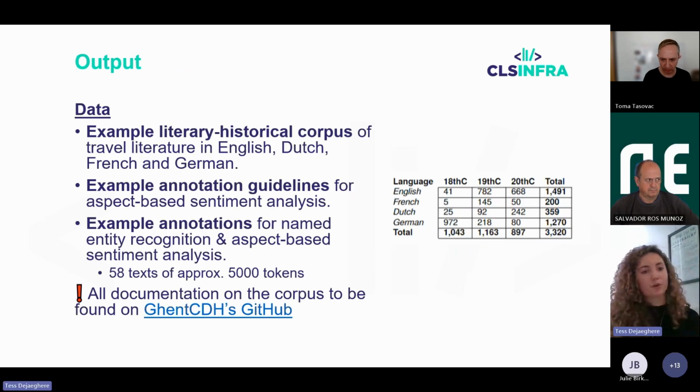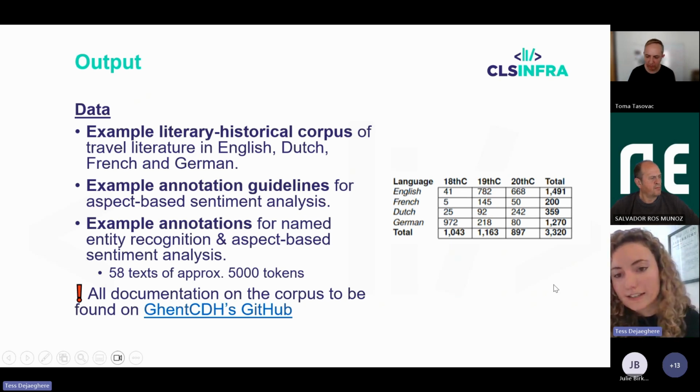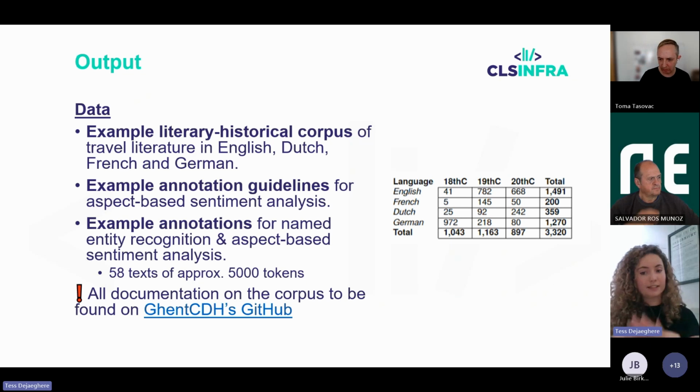Okay, a little bit more about the data sets that we used as a kind of use case to make these notebooks. So it is a literary historical corpus of travel literature in English, Dutch, German, and French. As you can see in the table on the right-hand side, there are 3,320 texts in total. And they go from the 18th century until the 20th century. So that's a pretty big corpus.